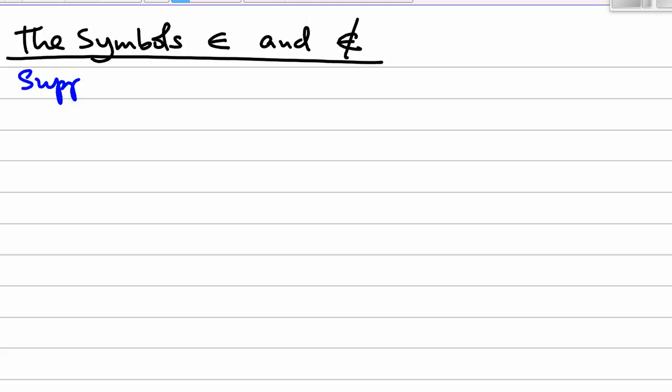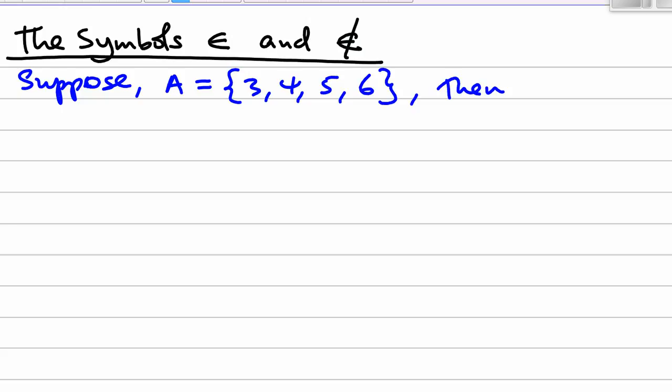So suppose set A is given by 3, 4, 5, and 6. Then we can say that 3 is a member of set A.